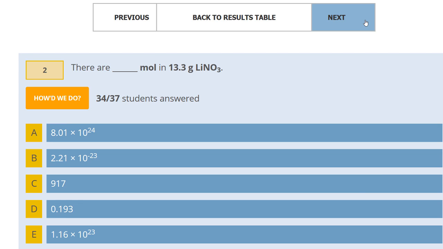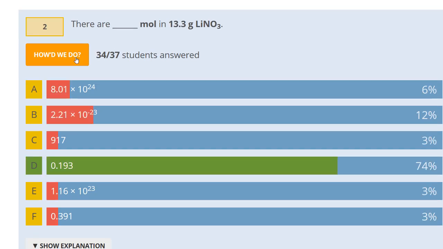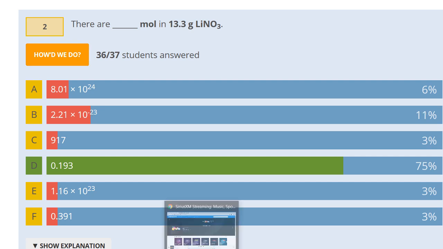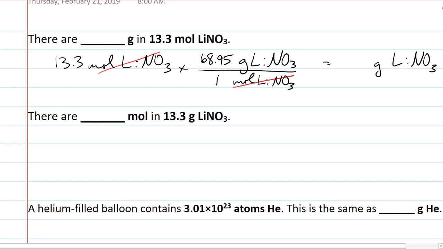We'd like to know the number of moles in 13.3 grams of lithium nitrate. The correct answer on this one is 0.193. And of course that would be in units of moles. So the only difference between the first one and this one is that in the second one we are given 13.3 grams of lithium nitrate. And what are we looking for in this one?